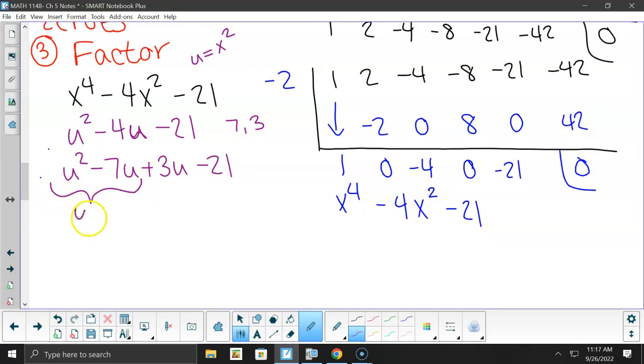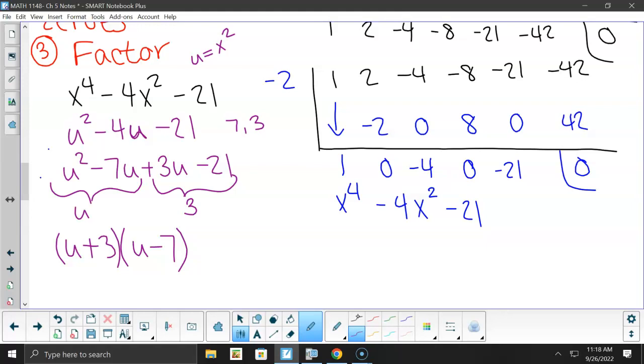I can take a U out of my first two terms, and I can take a 3 from here. Now I've got U plus 3, and then U minus 7. Little easier to work with. Now for this problem, what do I need to do again? Yep, I'm going to have to get rid of the U and go back to x squared, but I just need it in factored form.